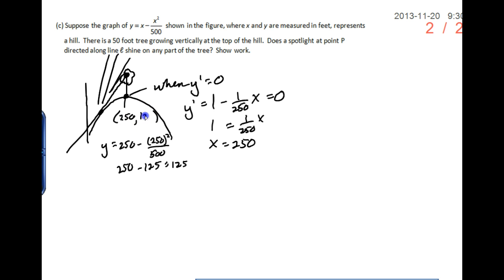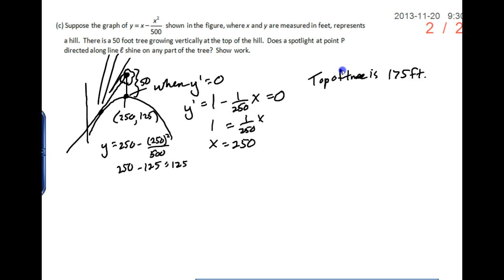So the y value is 125, meaning the top of the hill is 125 feet high. If we have a 50-foot tall tree, the top of the tree is 125 plus the 50 feet, which gives us 175 feet.